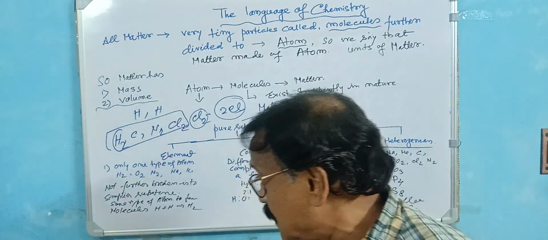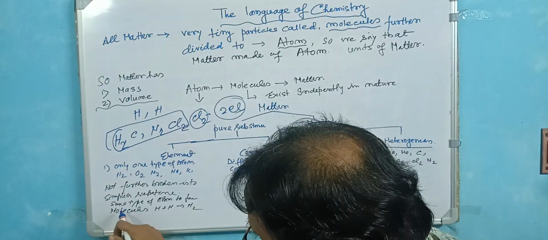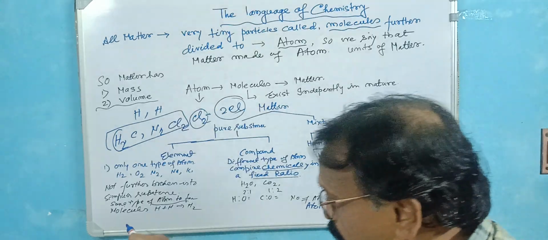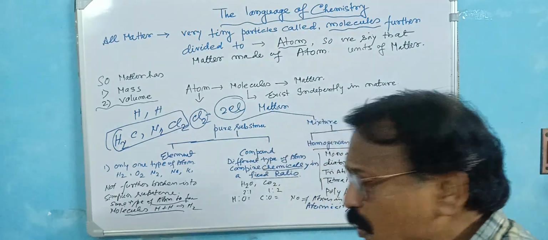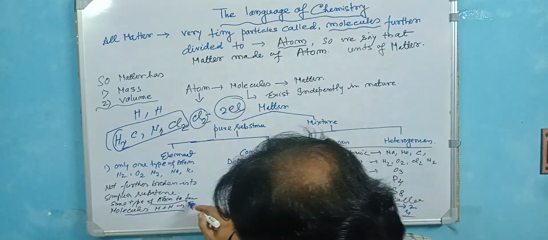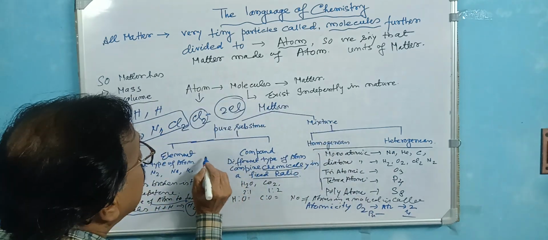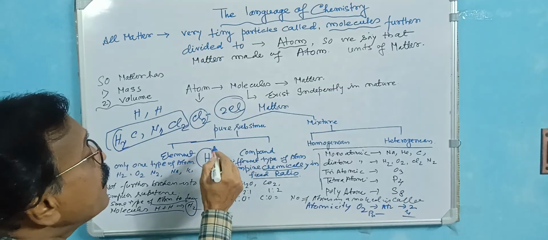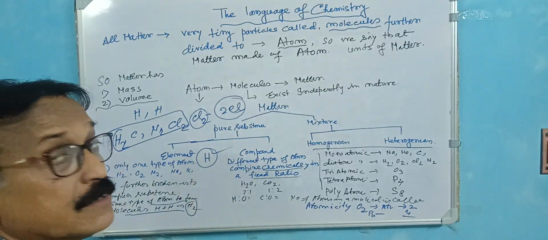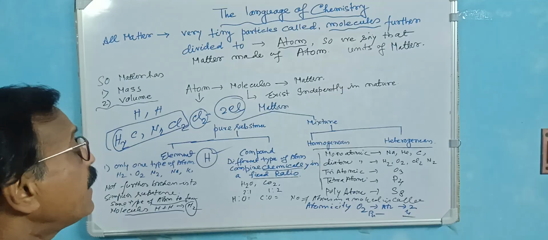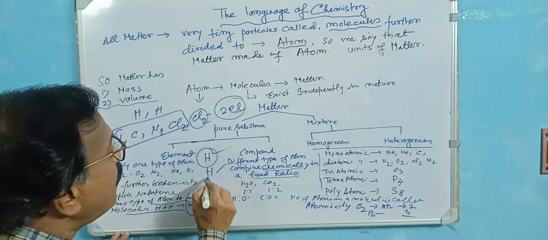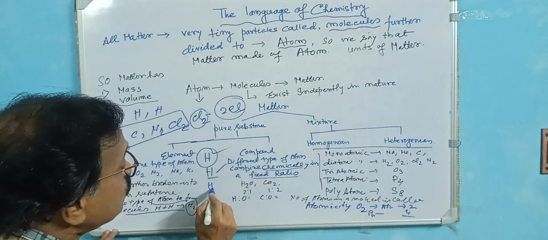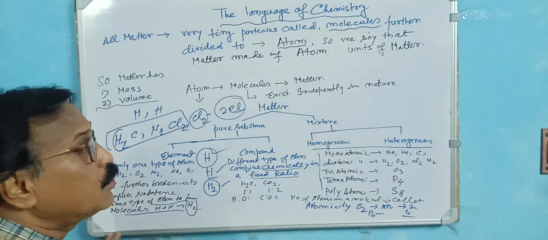Same type of atoms form molecules, and these are hydrogen molecules. Actually, I write here this H. H means the symbol of hydrogen, you know. H means one atom of hydrogen, but H2 means one molecule of hydrogen.